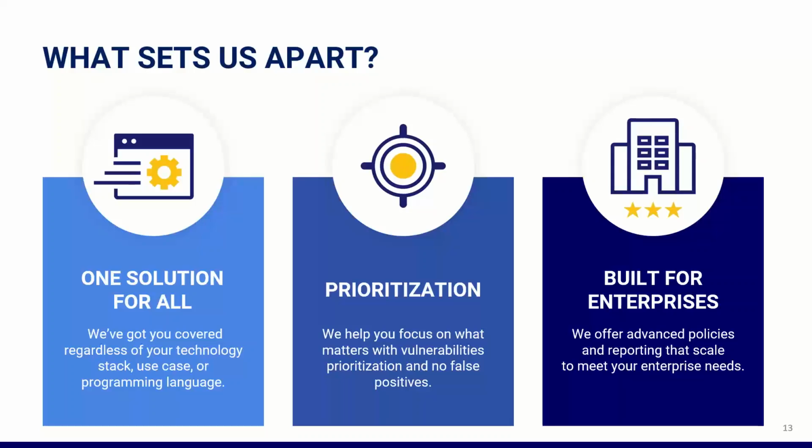Prioritization is the key here. We help you focus on what really matters and guarantee that you have no false positives, and that you can prioritize vulnerabilities based on your impact, not just on an average per severity, but on your specific organization's impact.